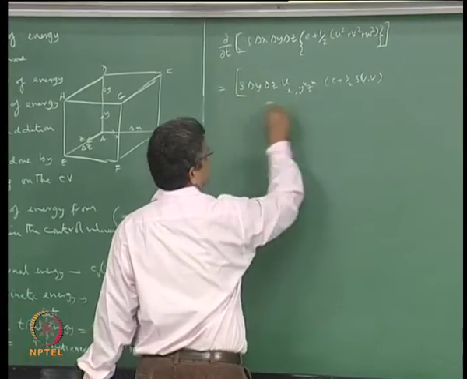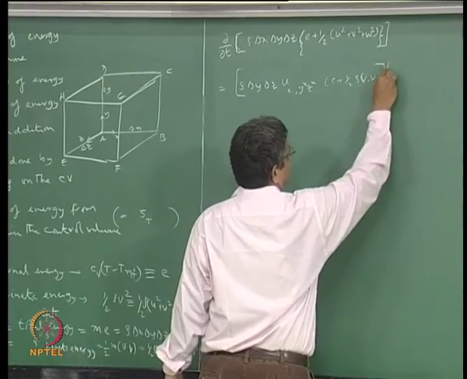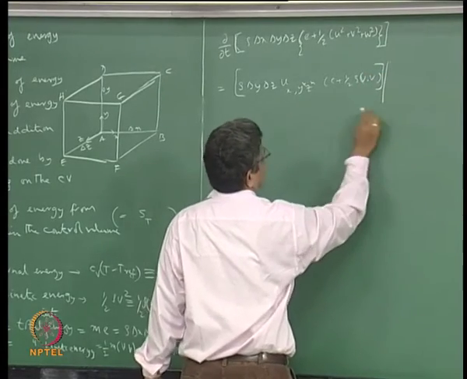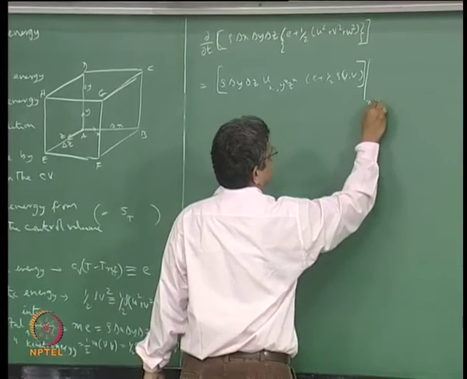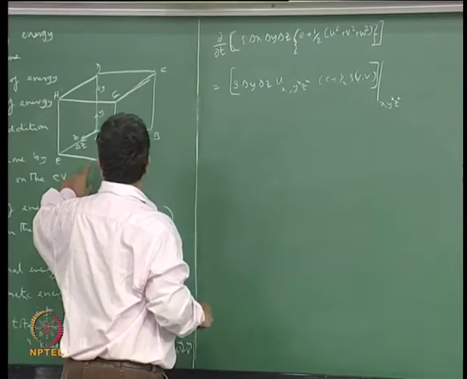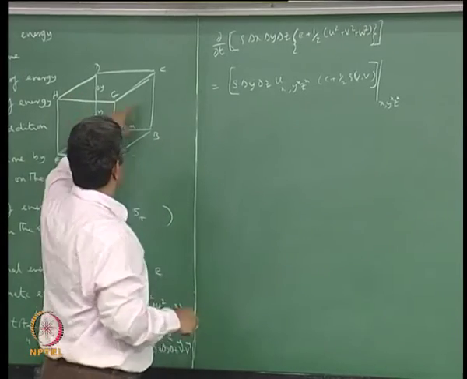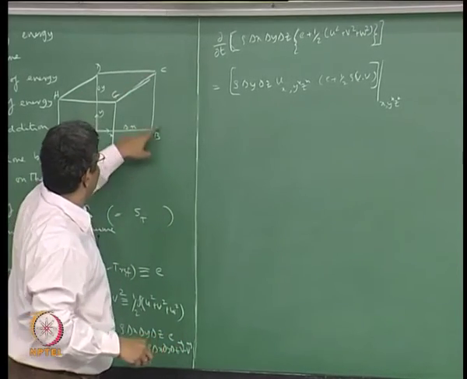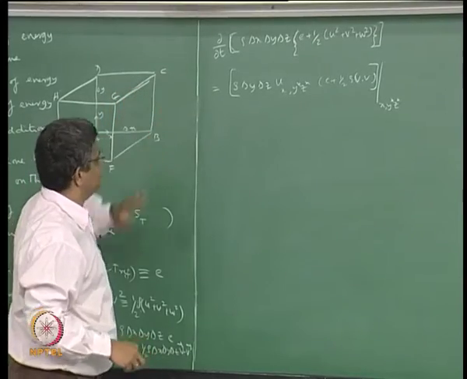So we can write this whole thing as at x, y star, z star, and we can consider immediately also what is leaving through the positive x face, that is the right face.